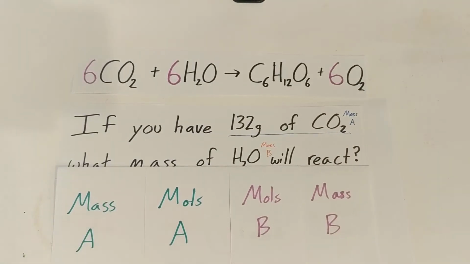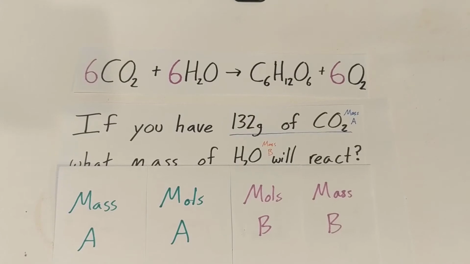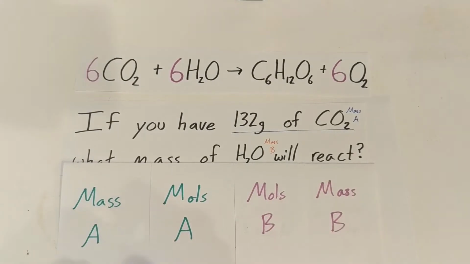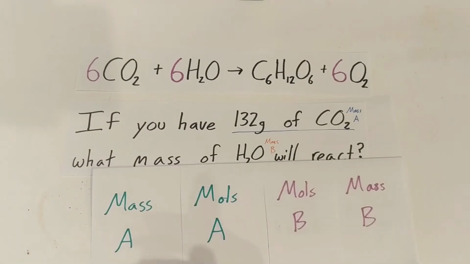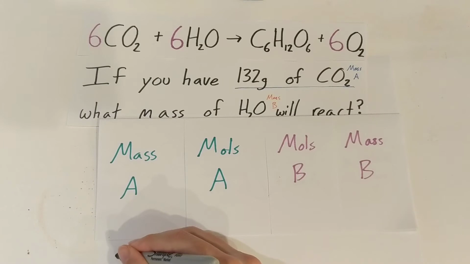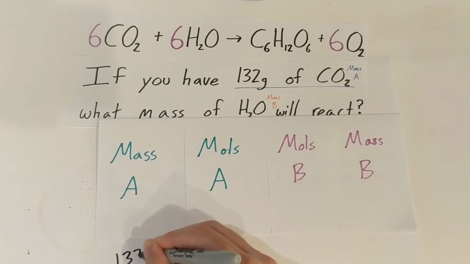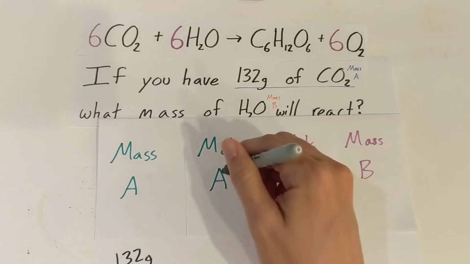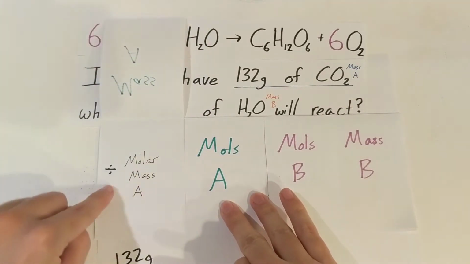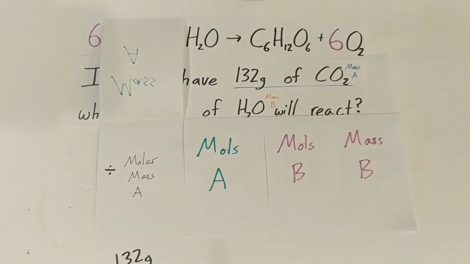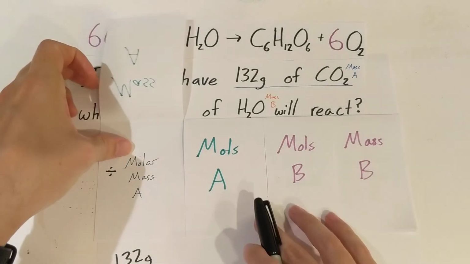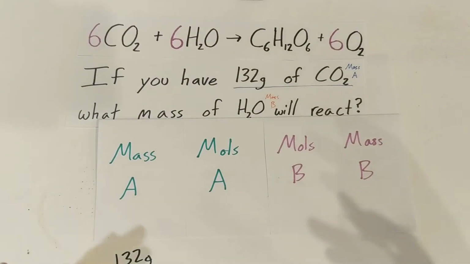So first, we need to take our mass of carbon dioxide, which is 132 grams, and we want to get to moles. So to do that, we need to divide by our molar mass. I'm hoping that you guys are experts at finding molar mass by now. You got to use that periodic table. I'm going to give it to you right now.